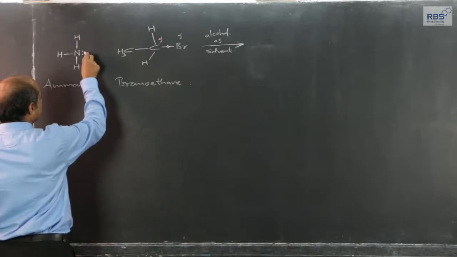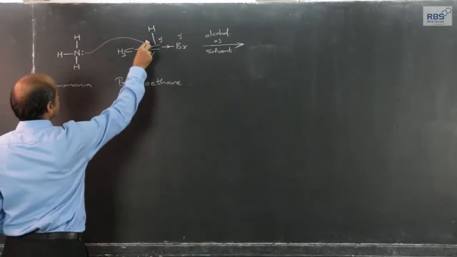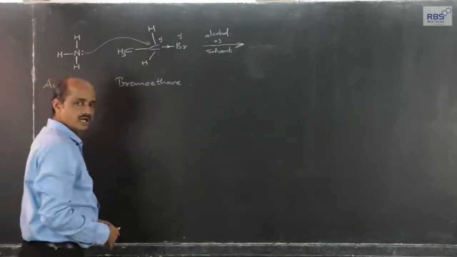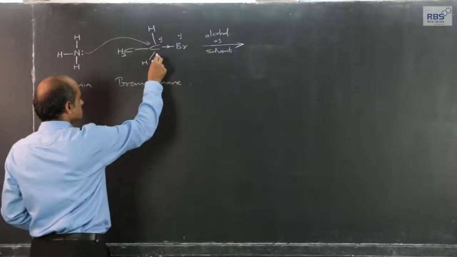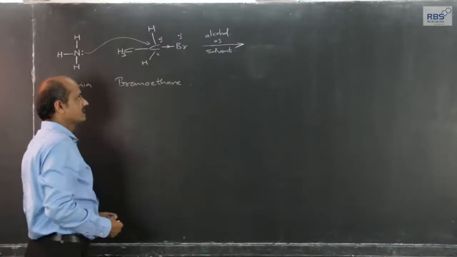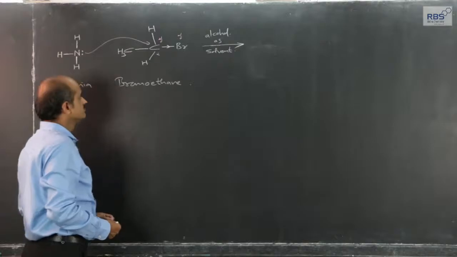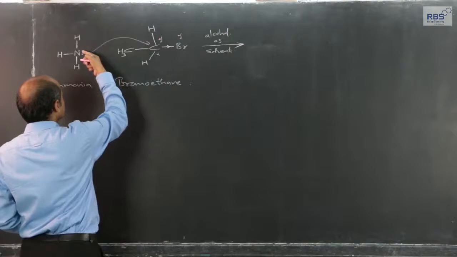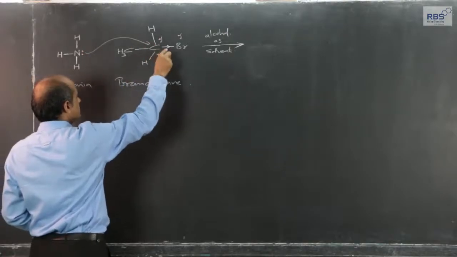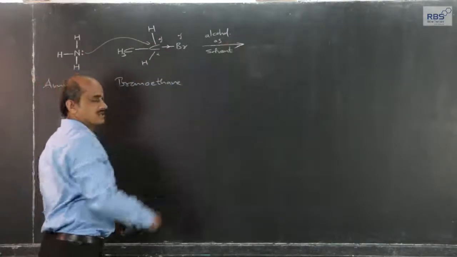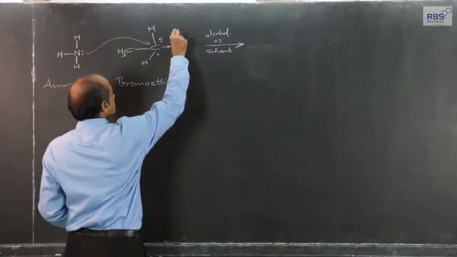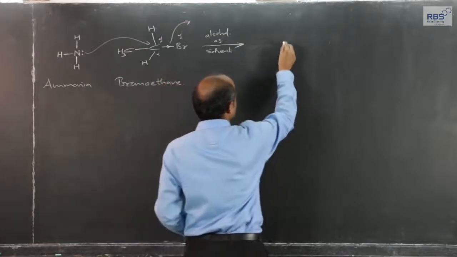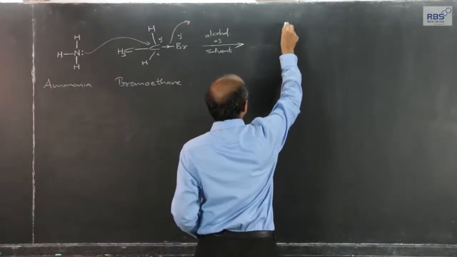The lone pair of electrons on nitrogen attacks the alpha carbon, the carbon to which the functional group is attached, and this is a simultaneous reaction. The moment the lone pair forms a bond pair, the bond pair gets heterolytically broken, goes with bromine, and therefore, what is developed is this.